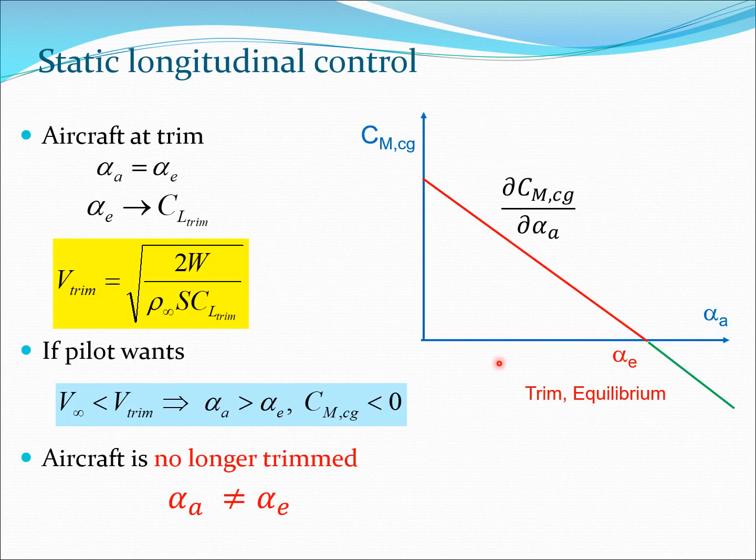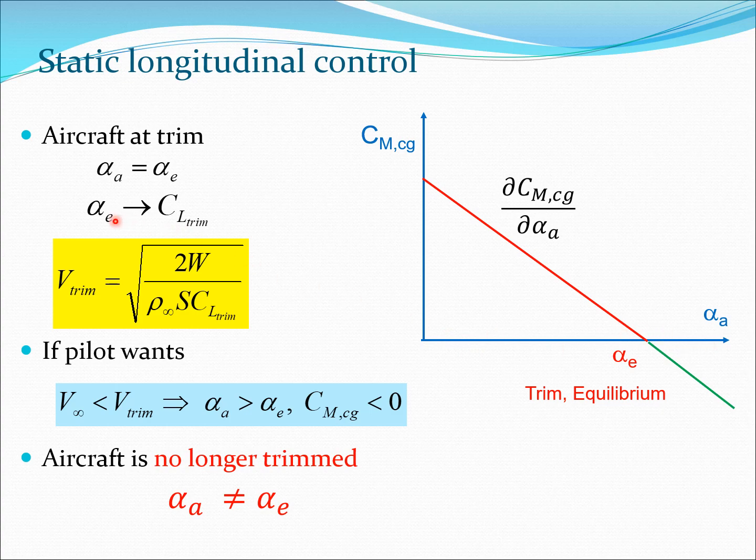Now, we are going to be faced with certain problems. Suppose we have trimmed the aircraft and we are flying in a realistic situation. When you have the aircraft in the trim condition, alpha A equals alpha E, which means you are effectively flying at this point here where this line is meeting the axis.